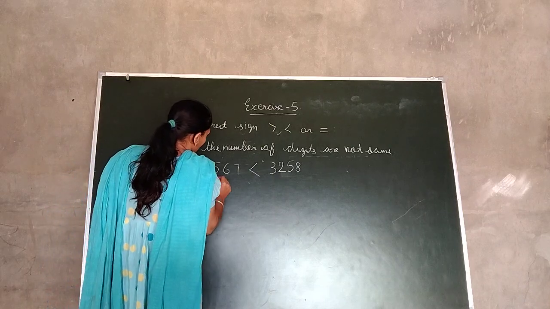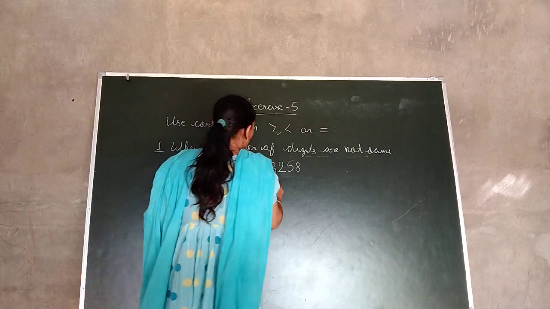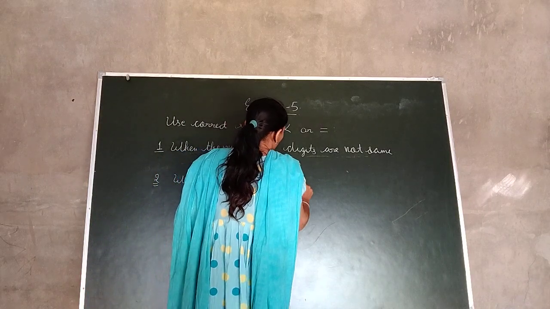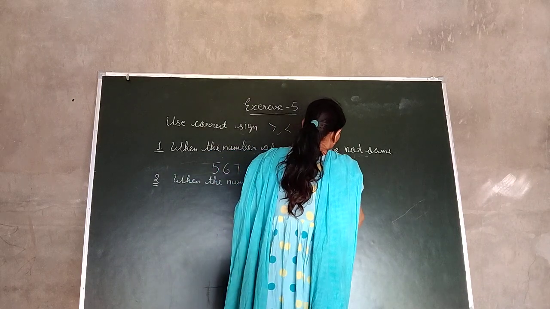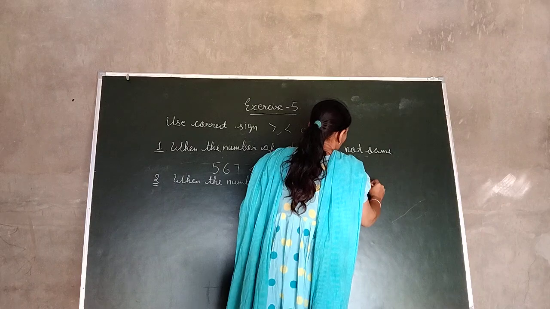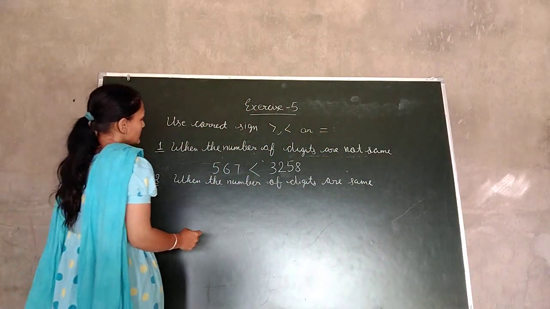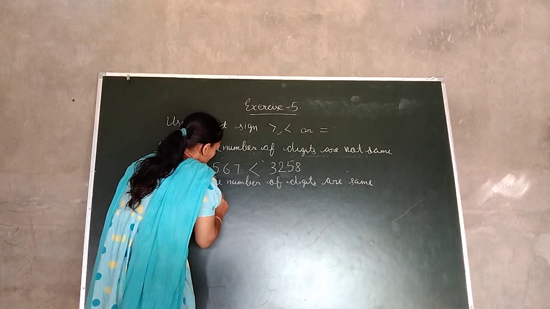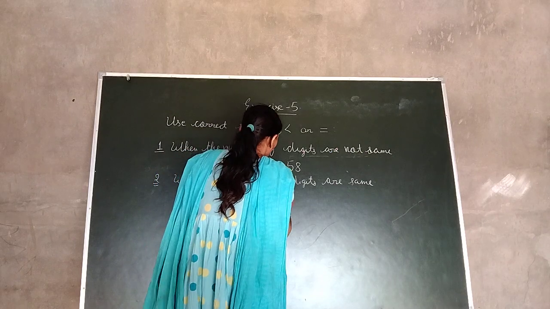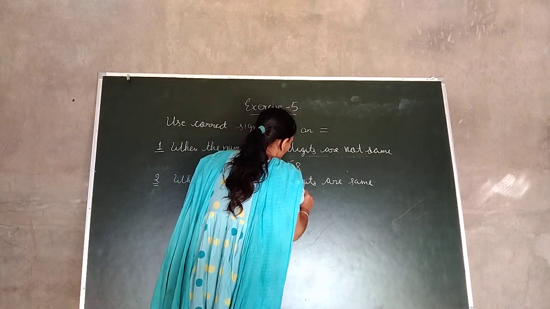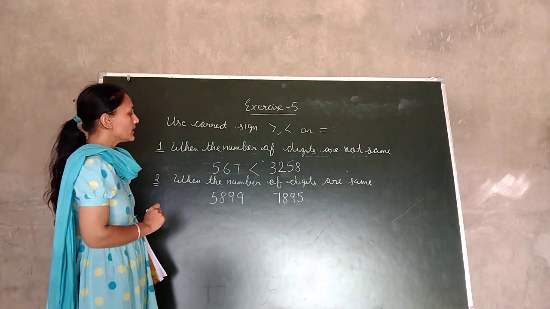Suppose we have a 4-digit number 5899. Here we have 7895. We have to compare which number is greater.